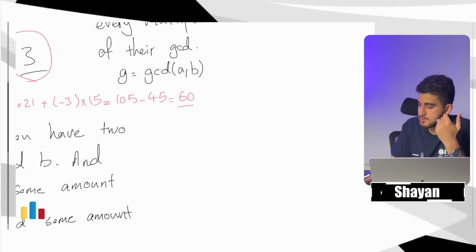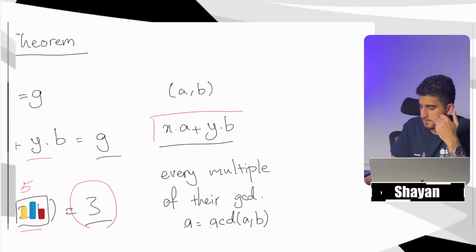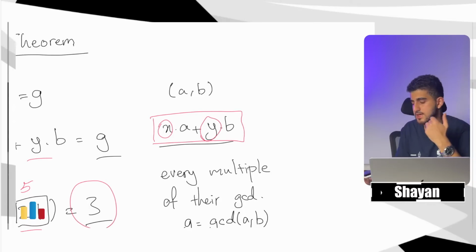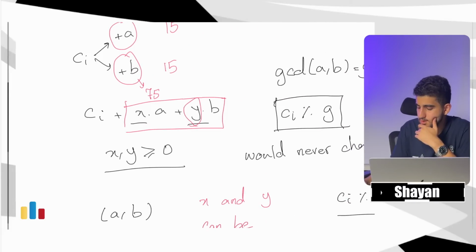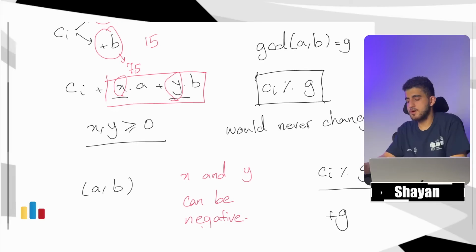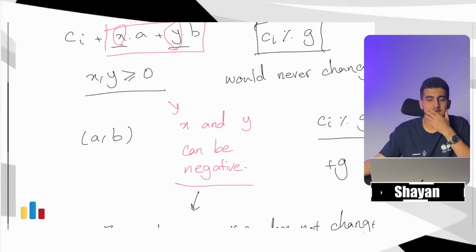This has a very similar structure to what we've seen here. But the only difference is that in here, x and y could also be negative, but in here, x and y cannot be negative. But don't worry about it. Let's for a second remove that additional constraint that x and y cannot be negative.